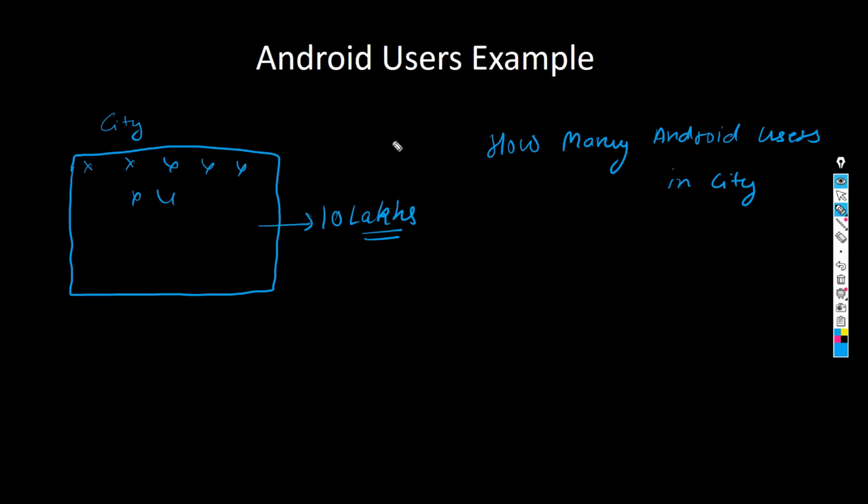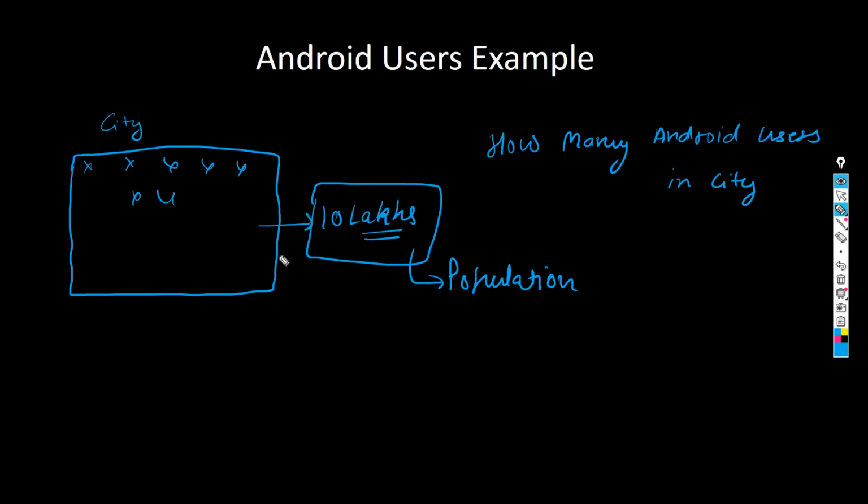So try to think, can we use all these 10 lakhs people? Can we go one by one and ask people, do you have an Android phone or not? No, it's not possible. So this whole population, this 10 lakhs, is known as the population.